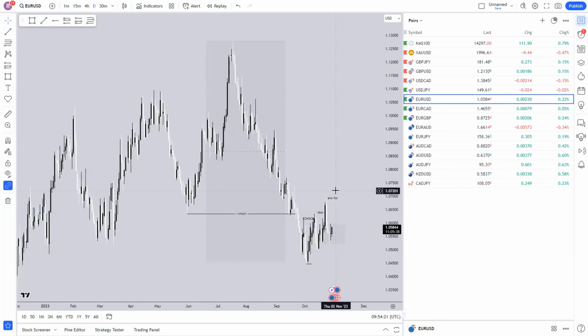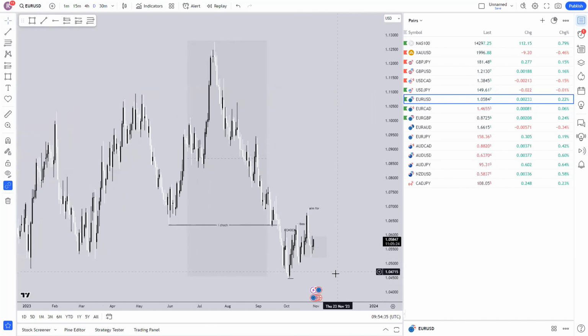Now that we're down here, those sells are not as high probability because we're not at the 50% mark. But the closer we get to that 50% mark, the higher the probability that the strong internal high will form to then go back down to the downside. So I wouldn't expect sells anytime soon until we get up to this 50% mark.